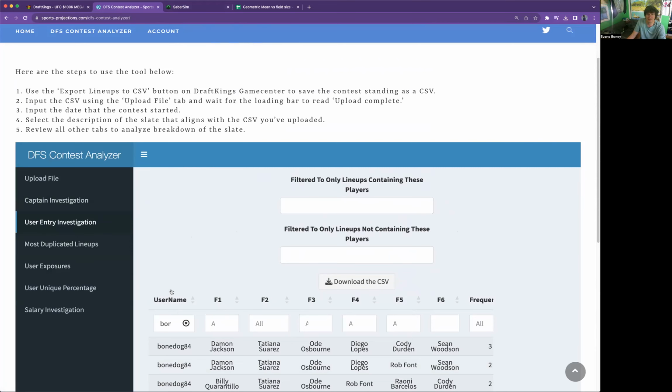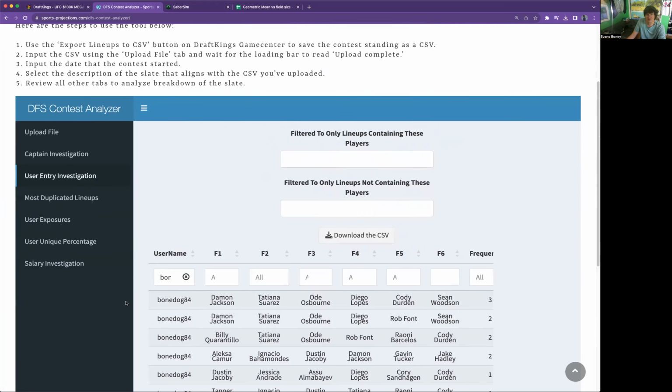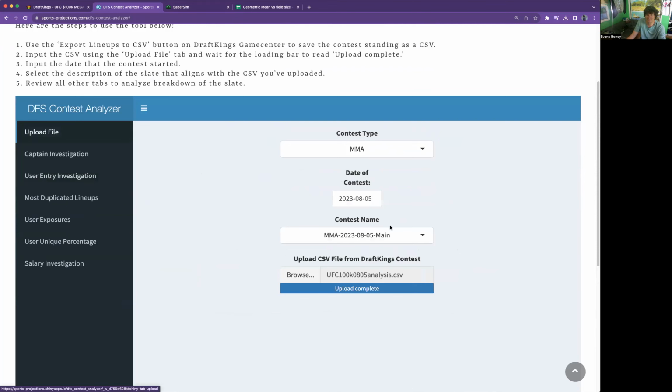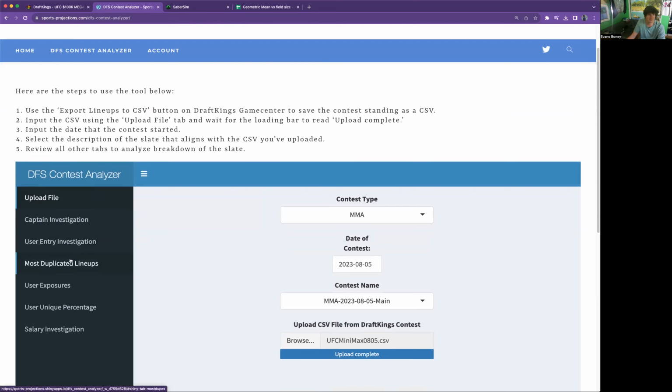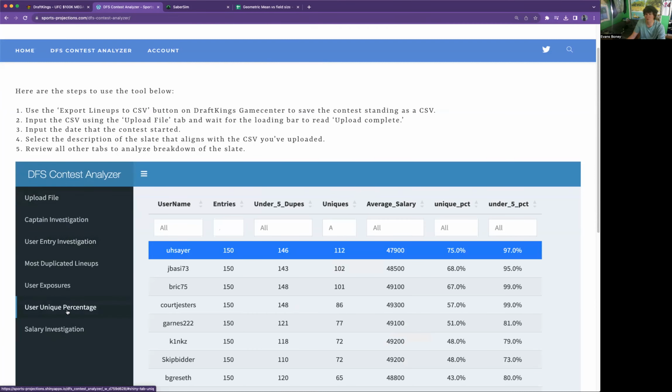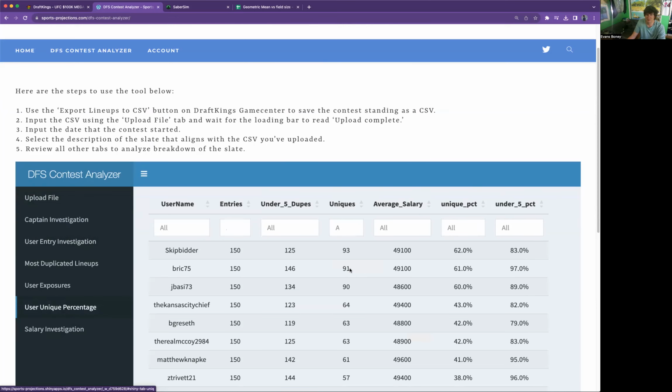Now I was going to look at my mini file as well from the same slate, to look at my larger group of lineups, but I might have just done 20. This is me doing the UFC analysis from the same night for a smaller slate, smaller size, 50 cents versus the big dollar.